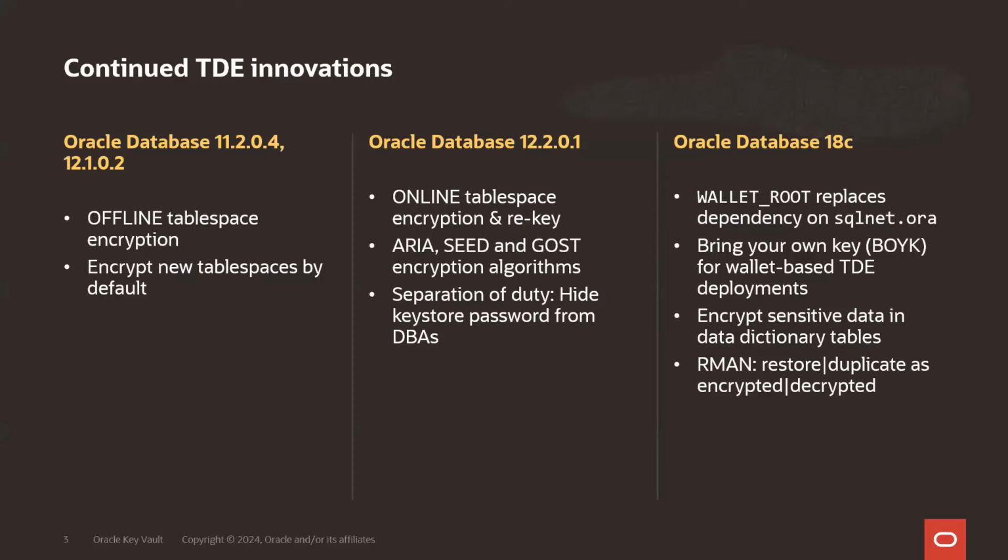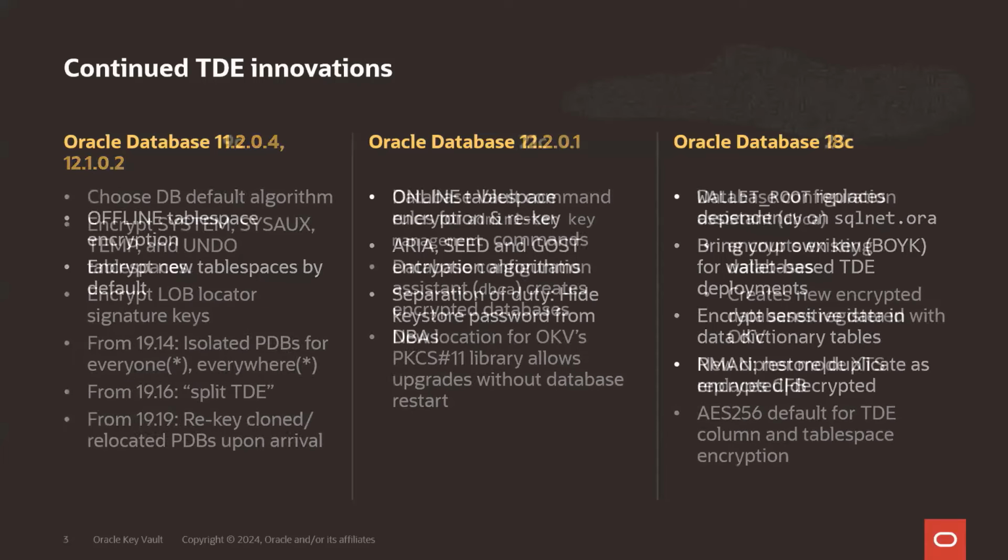Same thing, if you say, no, I don't like OCI, I would like my database back on-premise, you can use RMAN restore or duplicate as decrypted, and the database will be written to your on-premise database without TDE if you don't have a TDE license. So that makes your life easier and the migration to OCI easier.